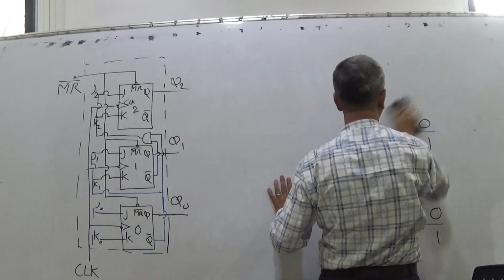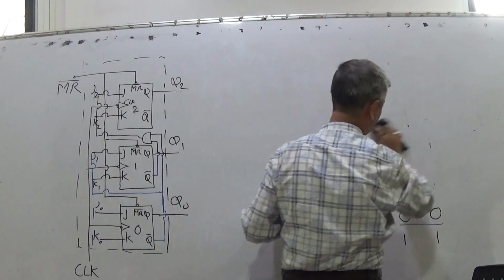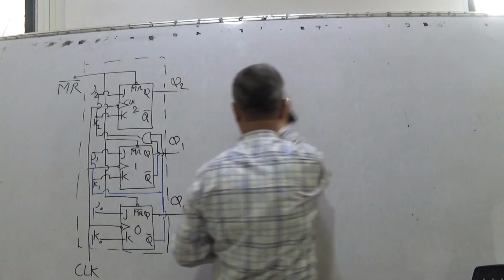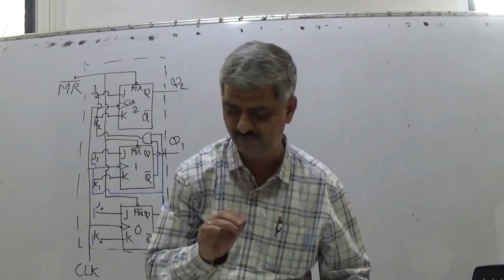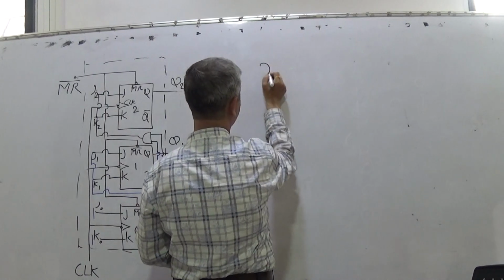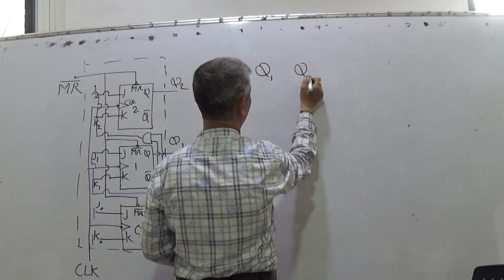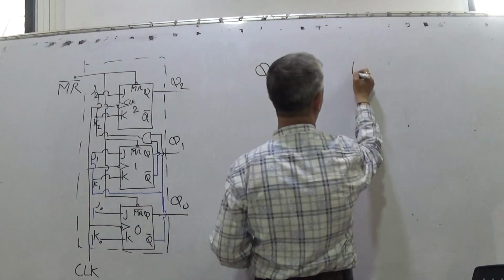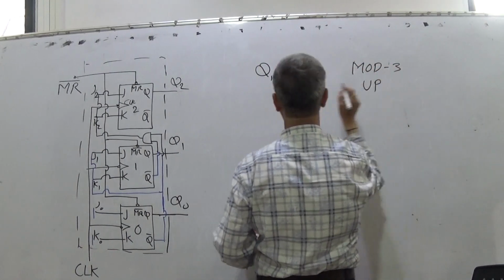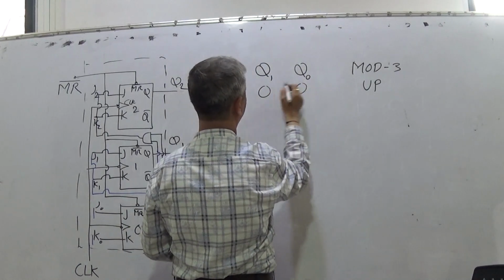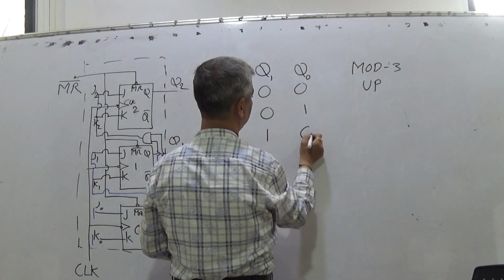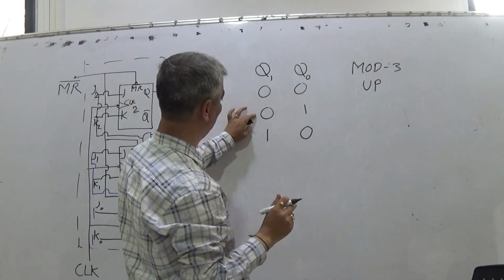A mod 3 counter is a 2-bit counter. Once the theme is explained, we can go very easily. We should start from the basics. A mod 3 counter has 2 bits, Q1 and Q0. We are designing a mod 3 up counter: 0 0, next state is 0 1, next state is 1 0.